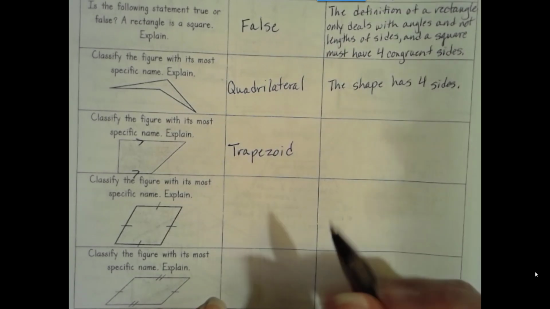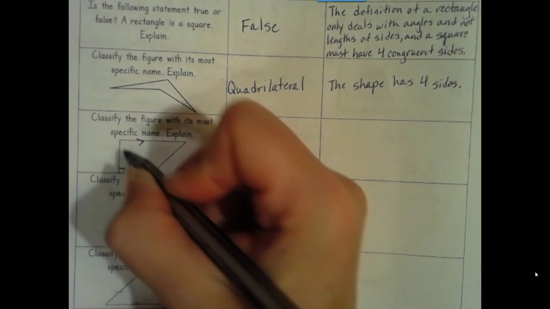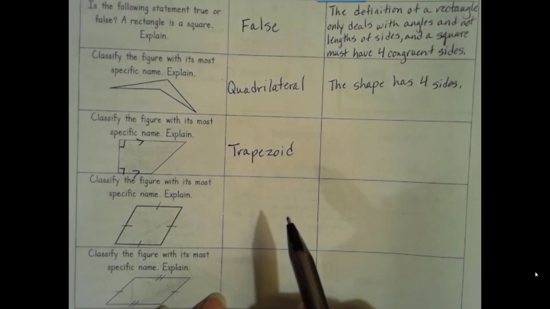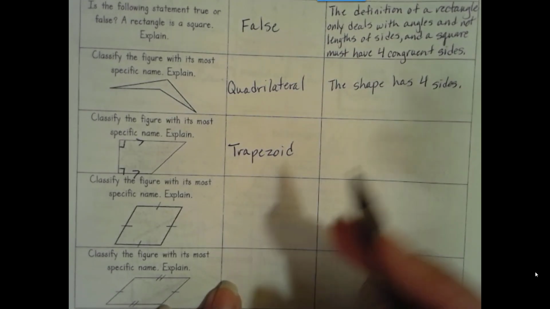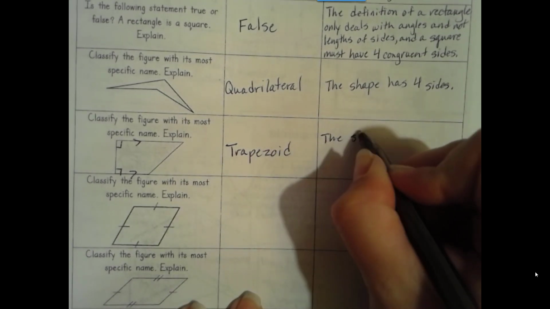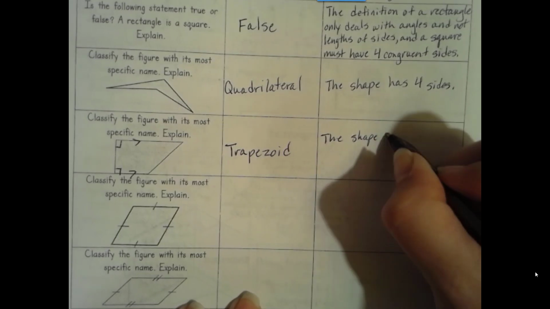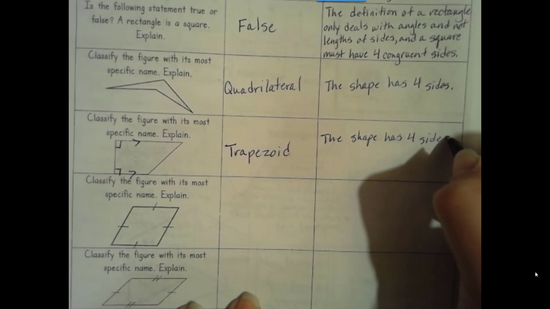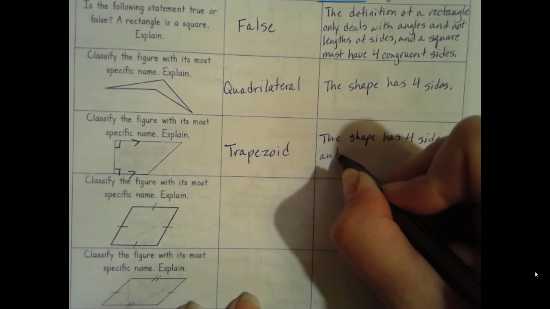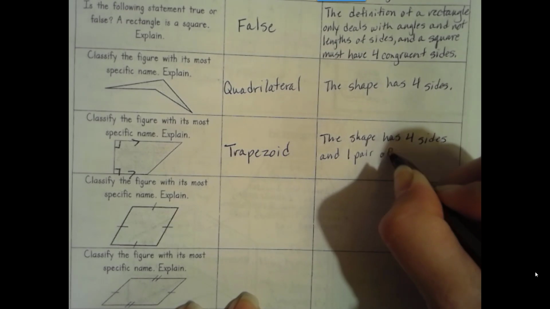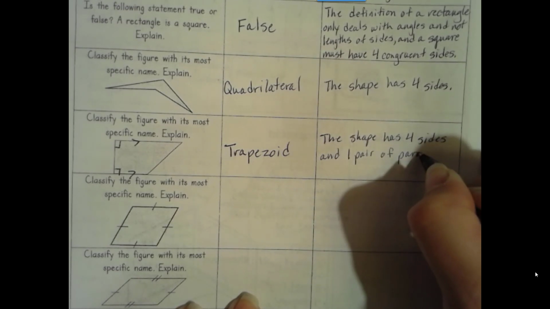If we were in higher grades, we could look at the fact that this has 2 right angles and call it a right trapezoid. But trapezoid is fine right now. The shape has 4 sides and 1 pair of parallel sides.